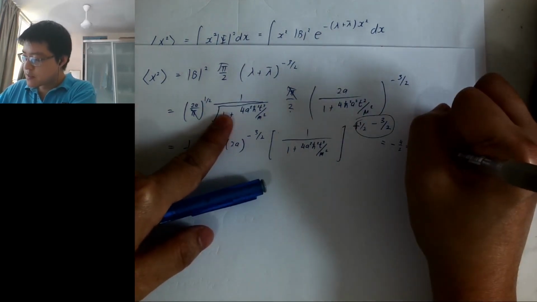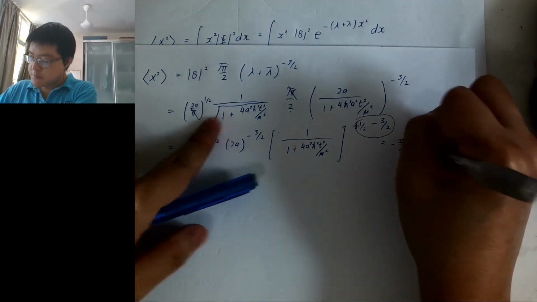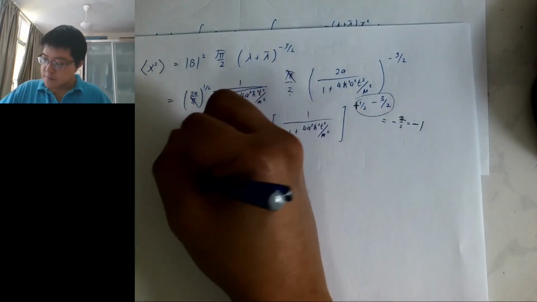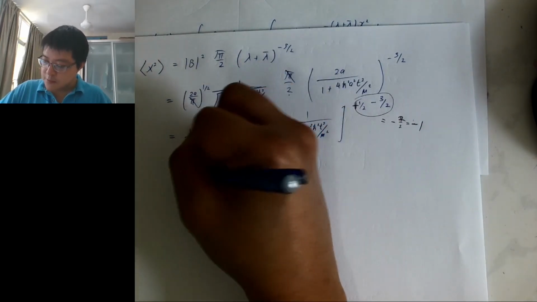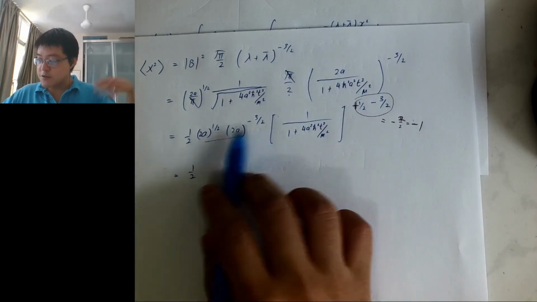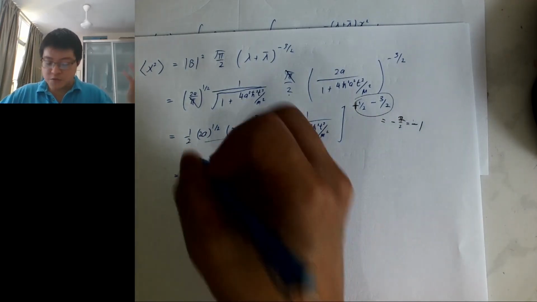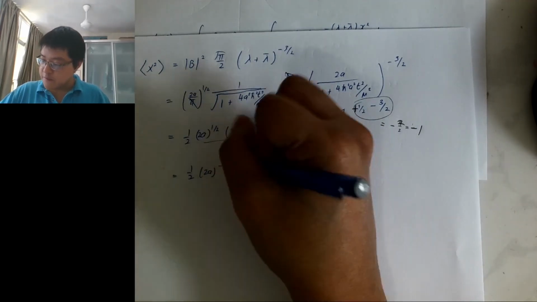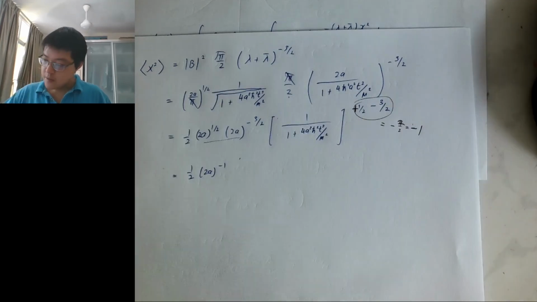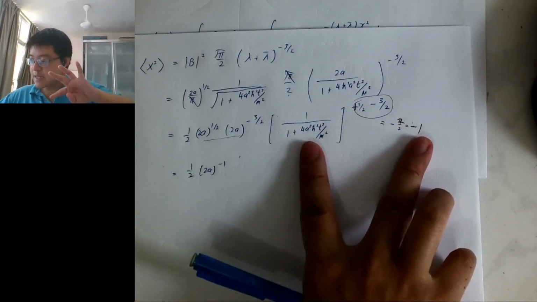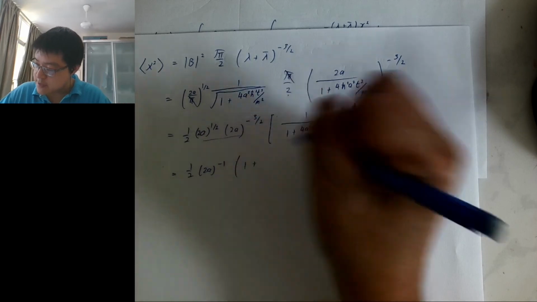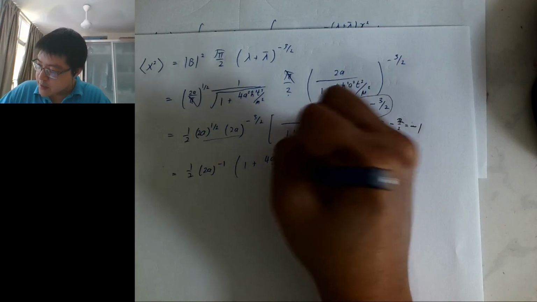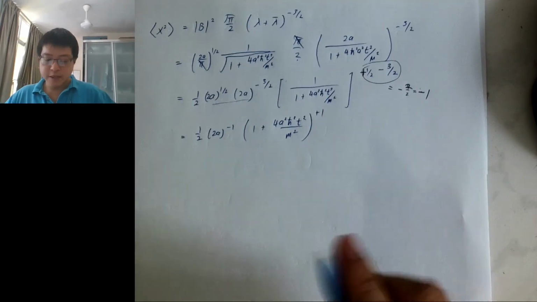So I want this to be minus 2 over 2, so this becomes minus 1, correct? So these two terms will multiply with each other. Minus 3 over 2 minus half becomes minus 2 over 2, so this becomes 2a to the minus 1. This thing is to the power of minus 1, but it's downstairs, so if I flip it, it becomes 1 plus 4a square h bar square t square over m square, now to the power of positive 1.